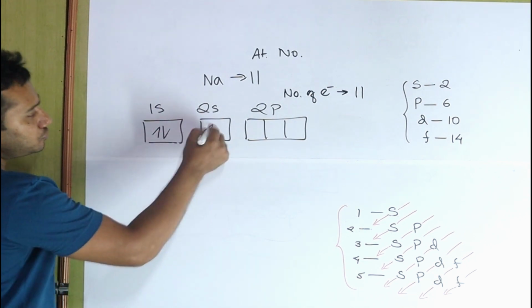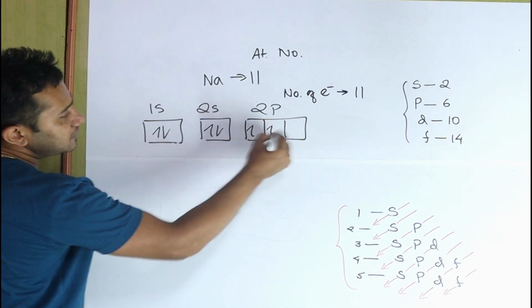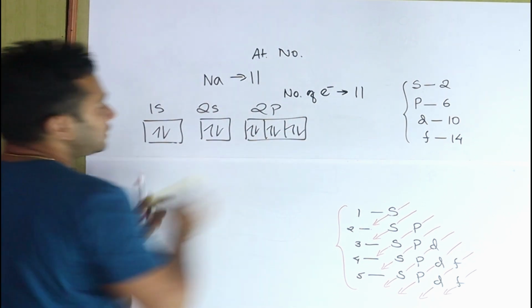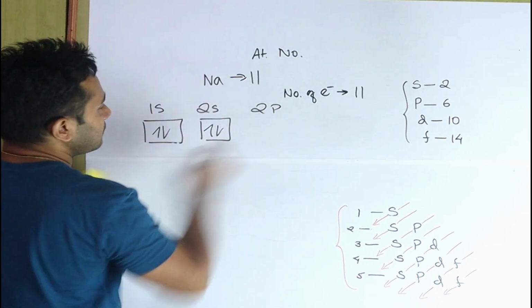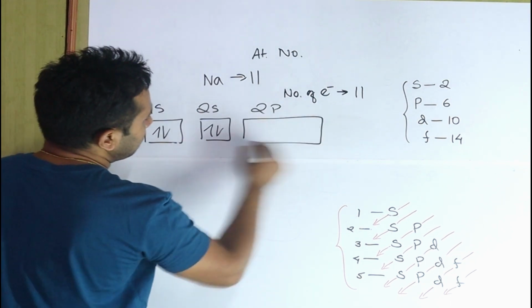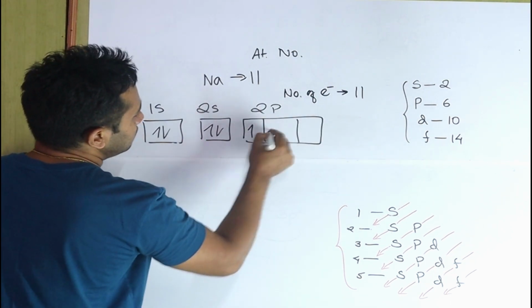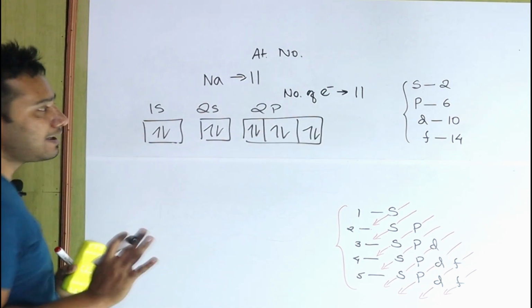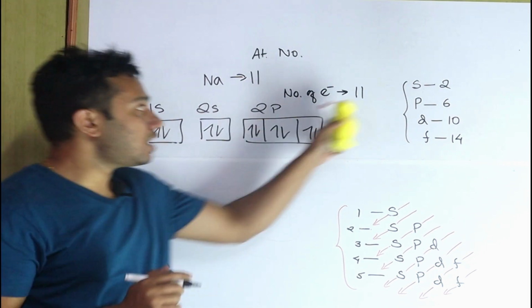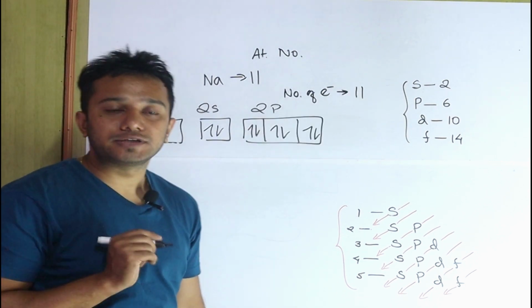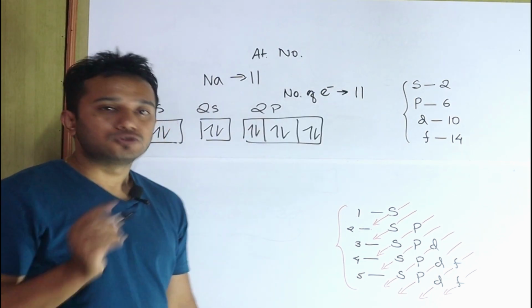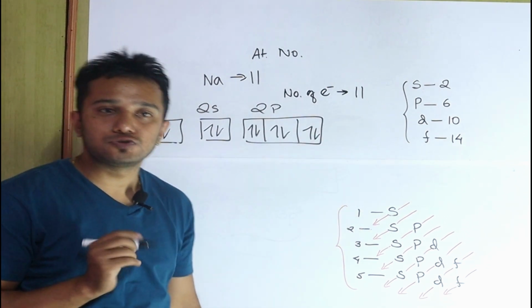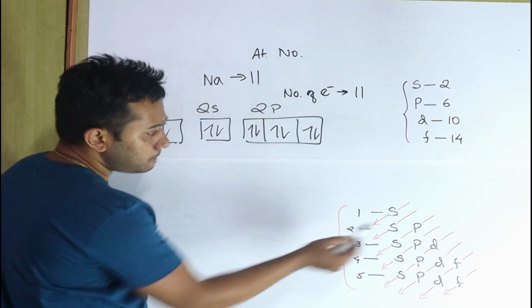So 1, 2, 3, 4, 5, 6, 7, 8, 9, 10. Now I have 10 electrons filled, but there are 11 electrons, so one more electron is left. Now I'm supposed to draw one more orbital, but which orbital am I supposed to draw?